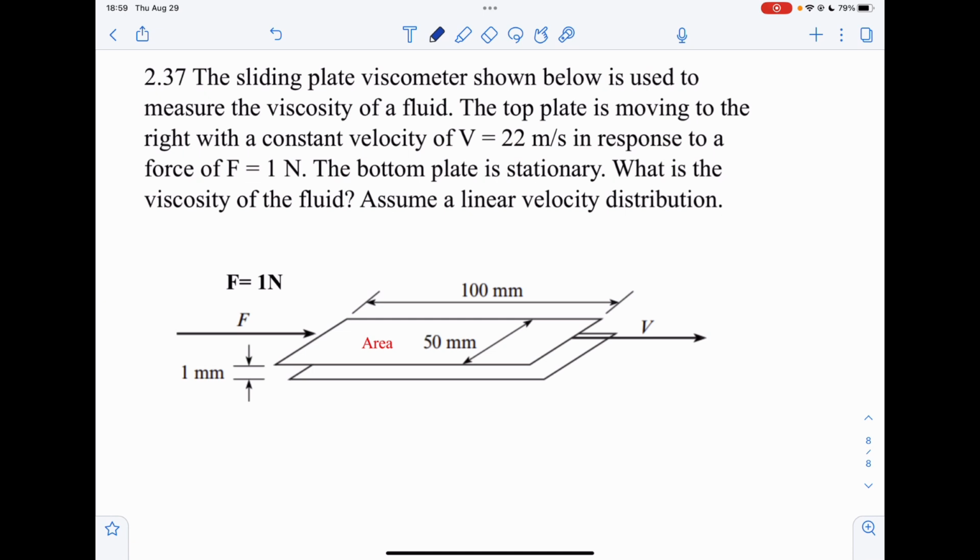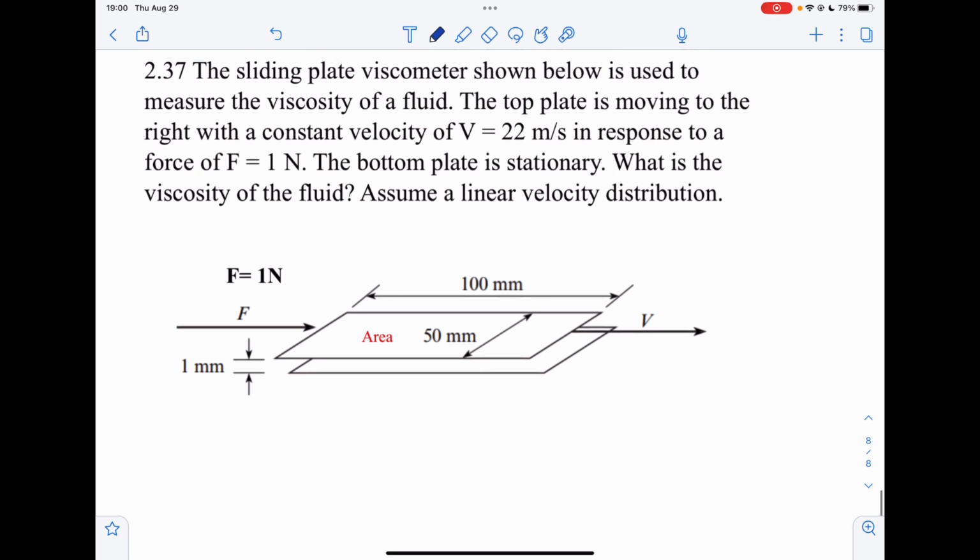Now let's look at the last problem. It gives us two walls. The top plate is moving with a constant velocity, and here it has a force of 1 Newton. This problem asks us to find the viscosity of the fluid. Here we have a linear velocity distribution.